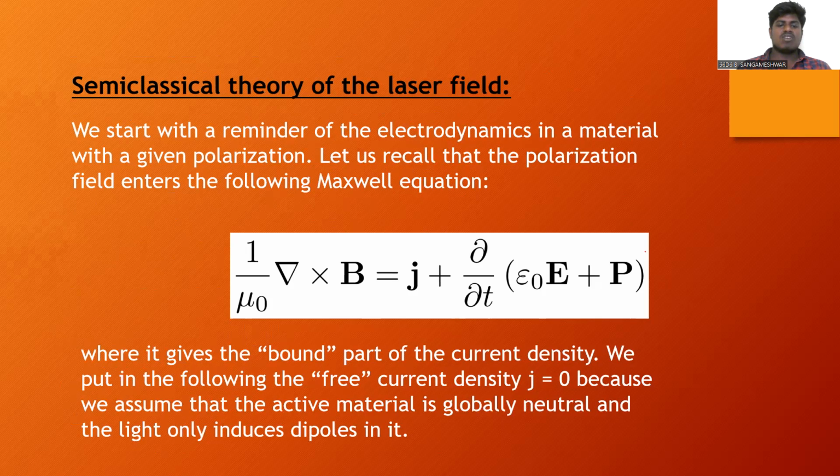We put the free current density J equal to 0 because we assume that the active material is globally neutral and the light only induces dipoles.